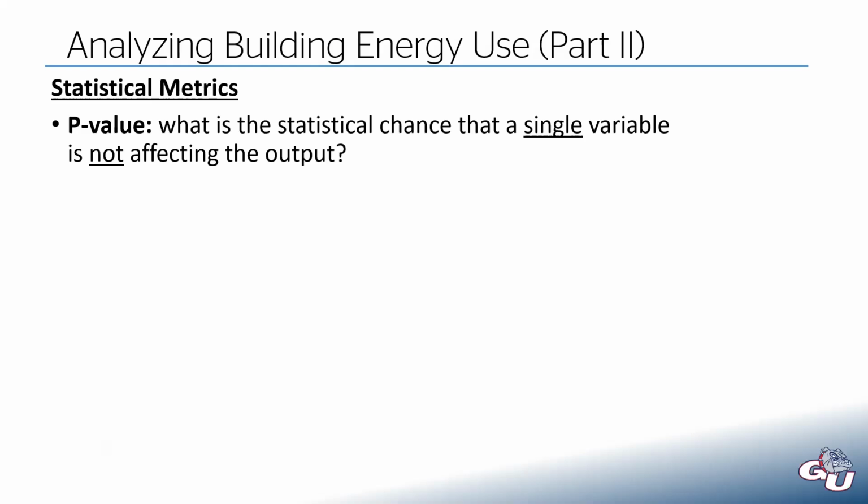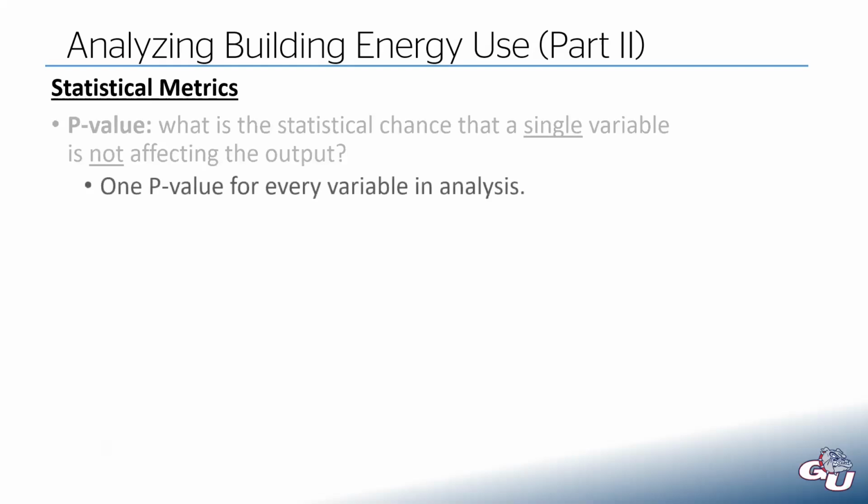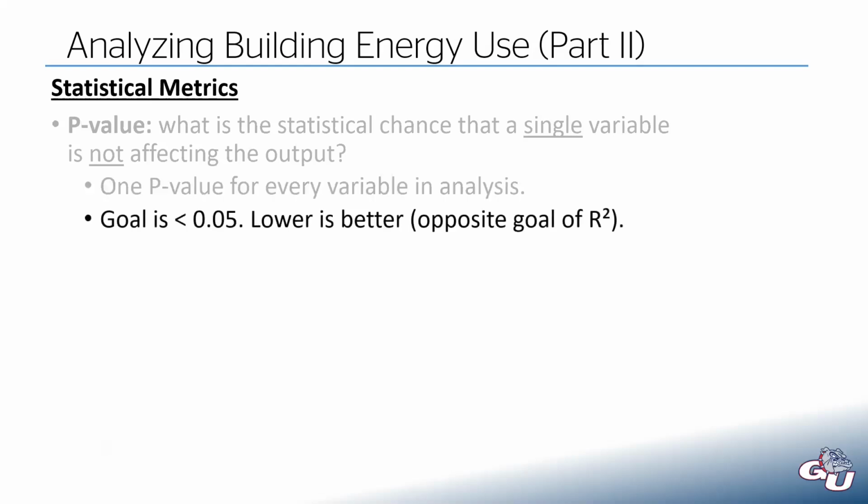They kind of flip it on its head a little bit, where they're saying, what's the chance that it's not affecting the output? Every variable that you put into the analysis gets an associated p-value. And the goal here is to be nice and low, generally below 0.05.